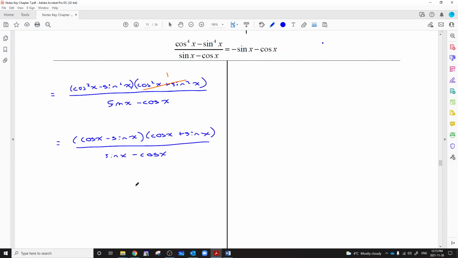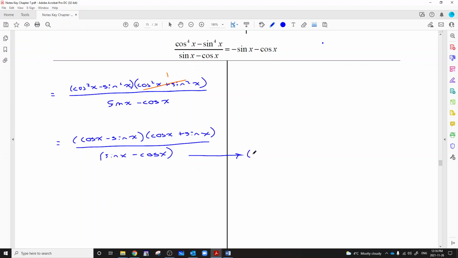Okay, what am I going to do? Well, I'm looking for a common factor, and right now I don't have one. I have cos x minus sine x, and I have sine x minus cos x. I have to somehow make these the same. Well, if you remember, if I wanted to write either of these terms in matching order. So notice how this one goes cosine and this one's sine cos. I'm going to make this one cosine.